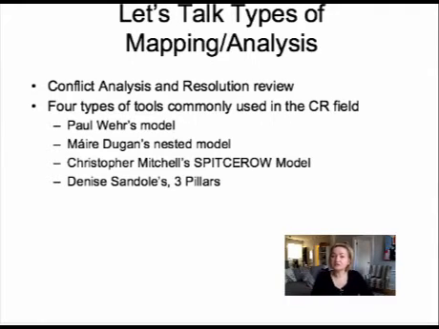There are, of course, other models, as I said, and organizations such as USAID or Amnesty International or Greenpeace, World Bank, all have their own models of conflict analysis.